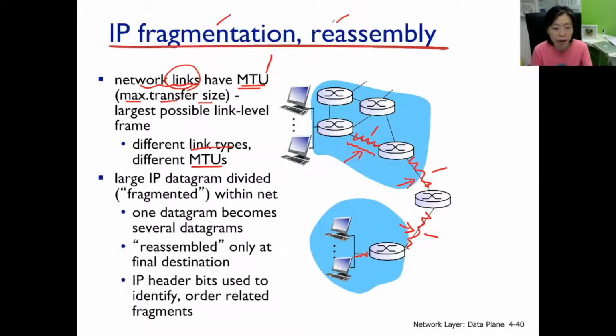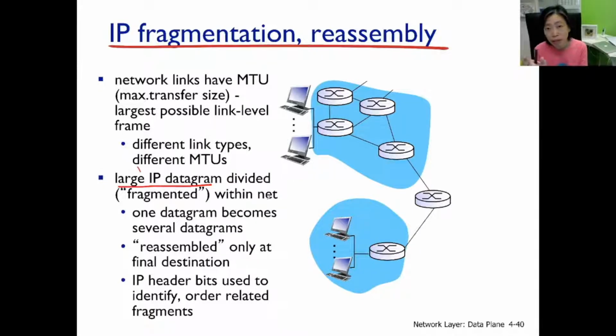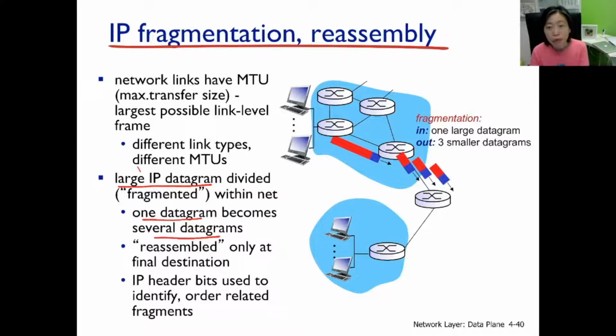Now let's see how it works. A large IP datagram needs to be divided into multiple parts when we run into a link that defines a smaller MTU. So one datagram will become several datagrams like this. Note that these smaller ones are not frames. These smaller ones are IP datagrams.